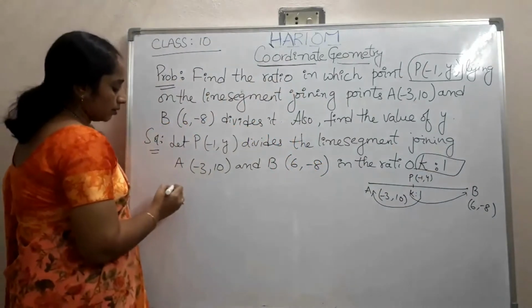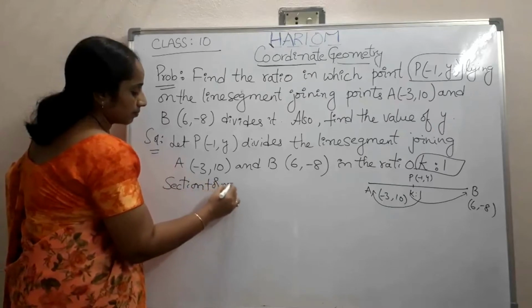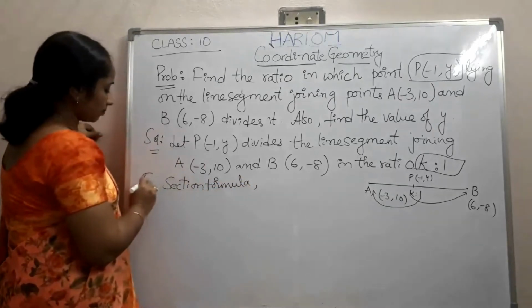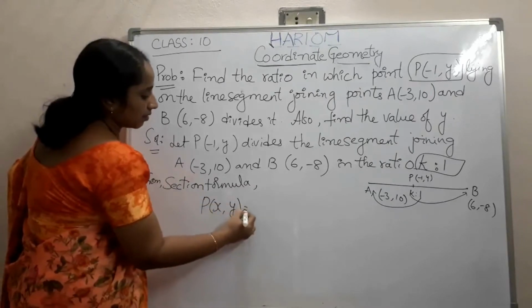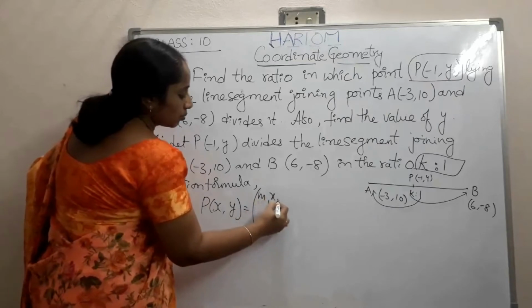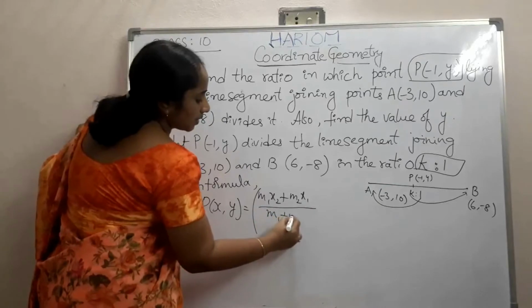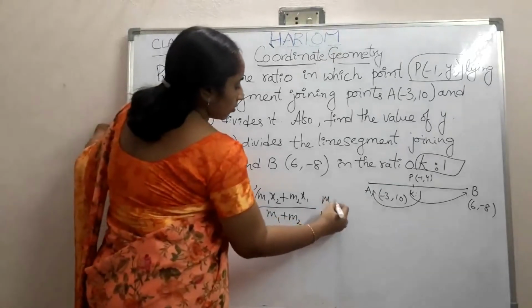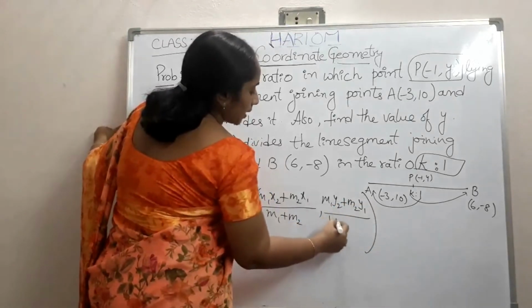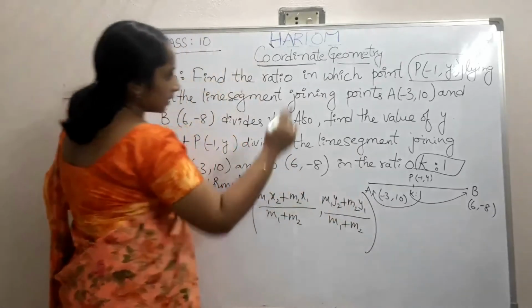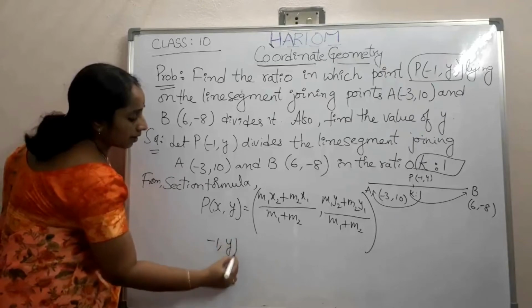So you know that from the section formula, we have P of x comma y is equal to m1 x2 plus m2 x1 by m1 plus m2, m1 y2 plus m2 y1 by m1 plus m2. Here P of x comma y is minus 1 comma y.